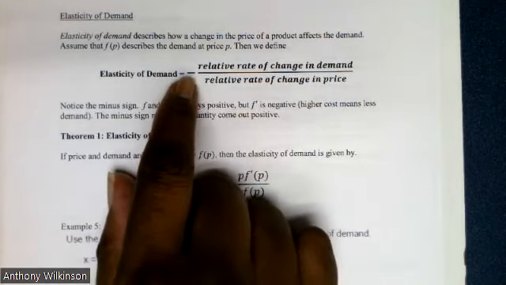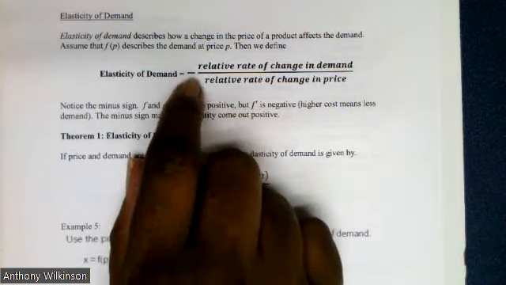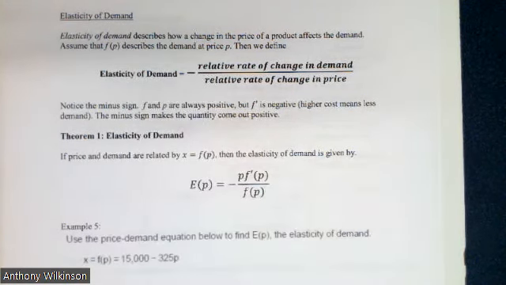Now notice here, there's a negative sign in front. And that's because f and p are always going to be positive, but f prime is negative, meaning higher cost means less demand. The minus sign will make the quantity come out to be positive. So that's where the negative sign comes in.